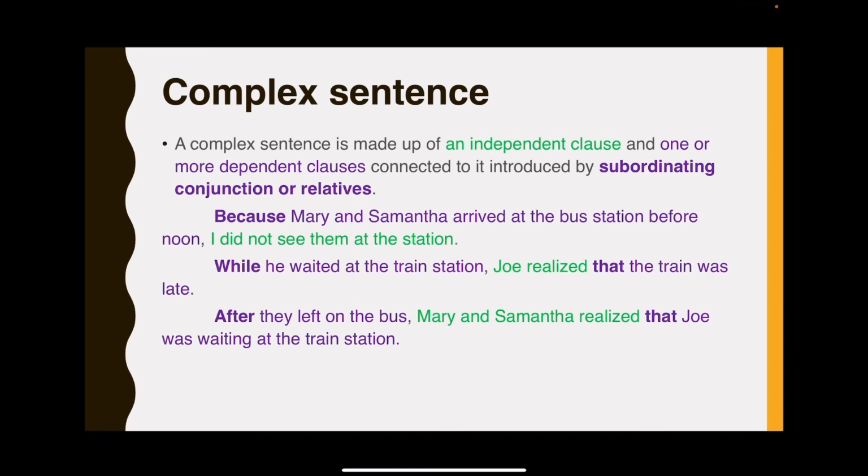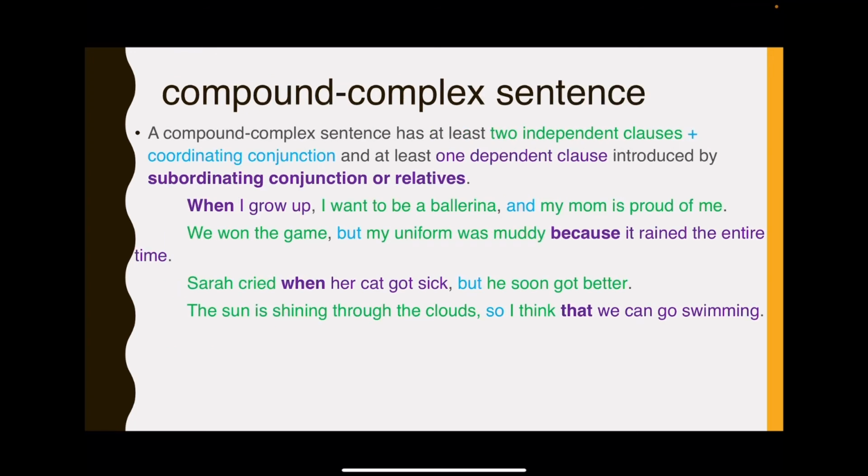Okay, and when you combine compound and complex together to make an even longer sentence, what we get is called a compound-complex sentence. So you can see that I marked in three colors. Okay, I marked in three colors.